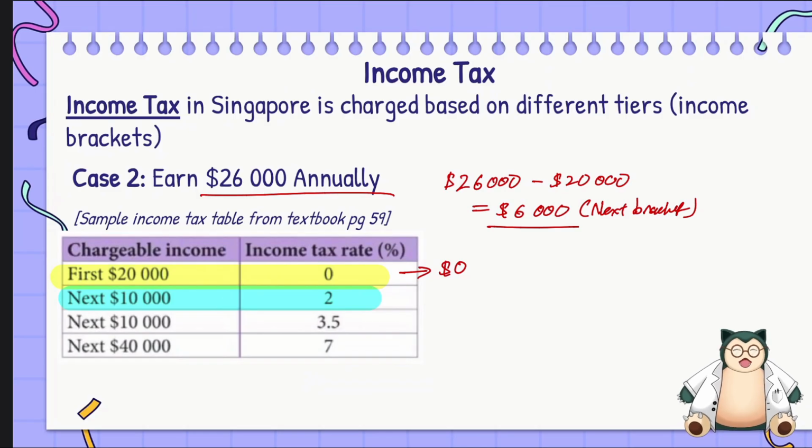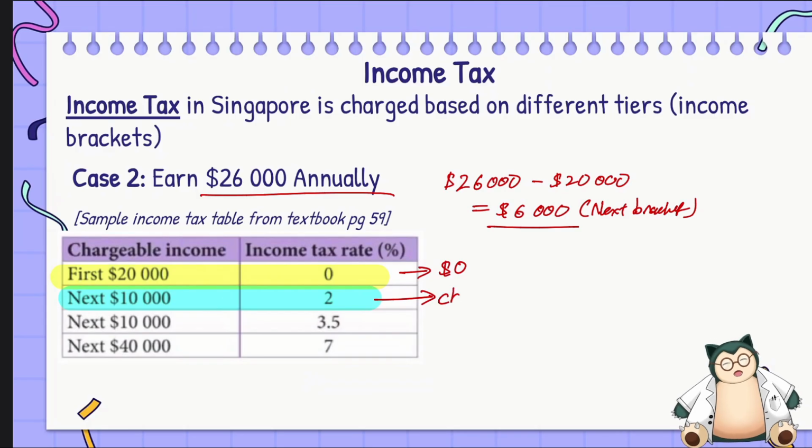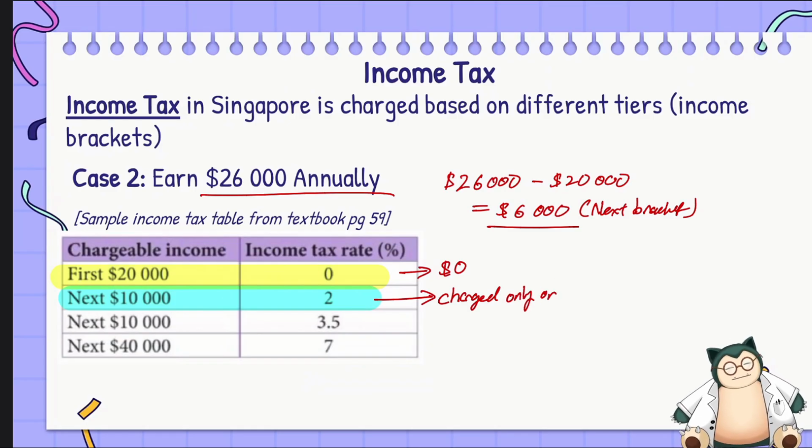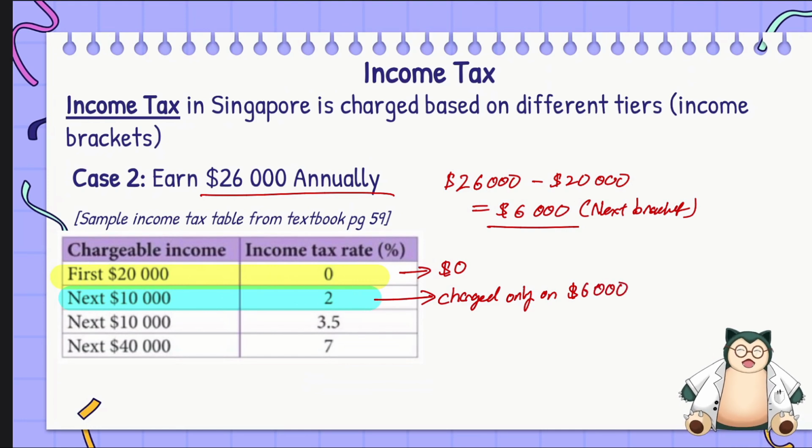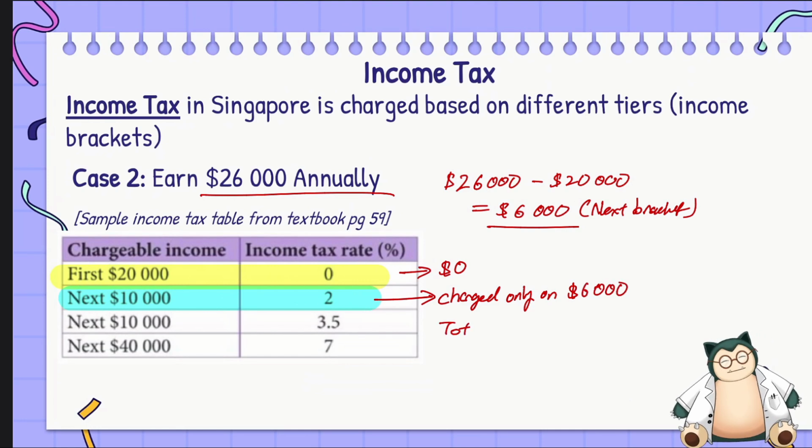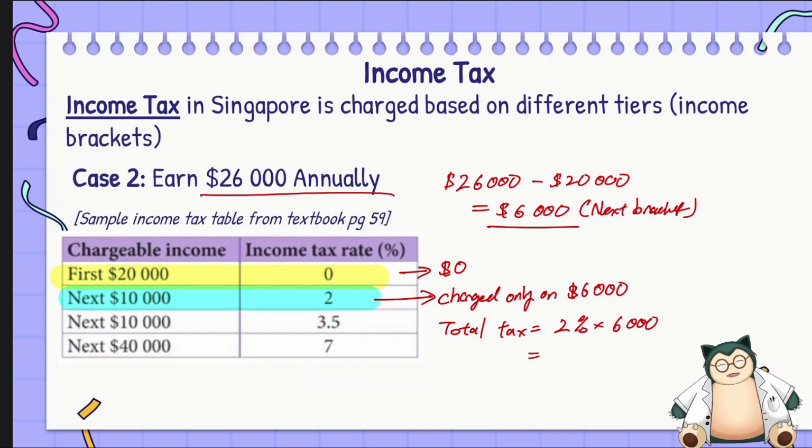However, this 2% is not based on the whole $26,000, but is charged only on the $6,000 that exceeded into the next income bracket. So the total tax is 2% multiplied by 6,000, which is $120.